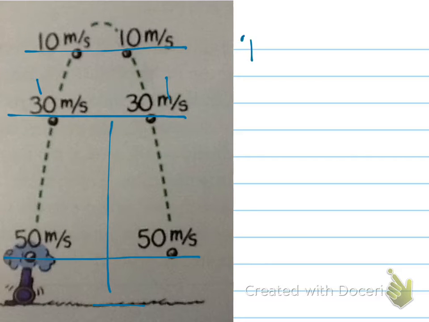So, if we take a look at the page 79 think question. At what point in its path does a projectile have minimum speed?